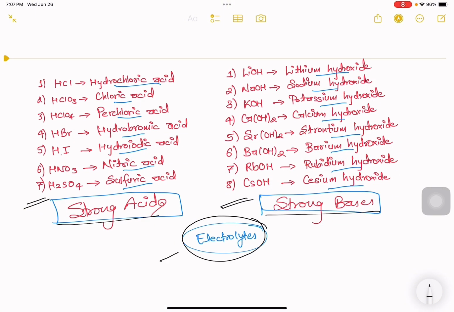In that video, I also talked about strong electrolytes, weak electrolytes, and non-electrolytes. Anything that is a strong acid or strong base is a strong electrolyte, anything that is a weak acid or weak base is a weak electrolyte, and any compound that is covalently bonded, or covalent compound, is a non-electrolyte.